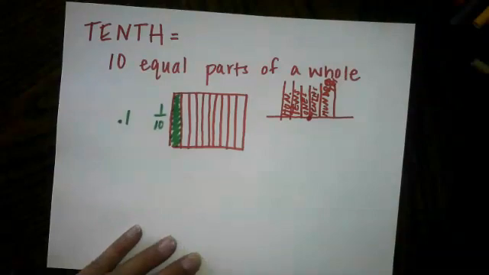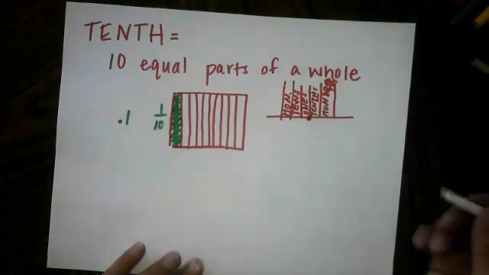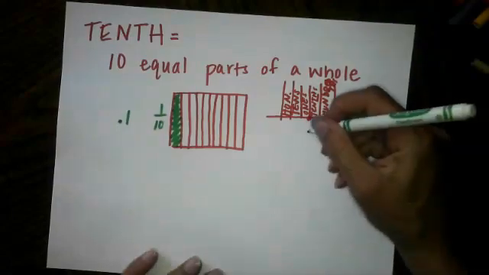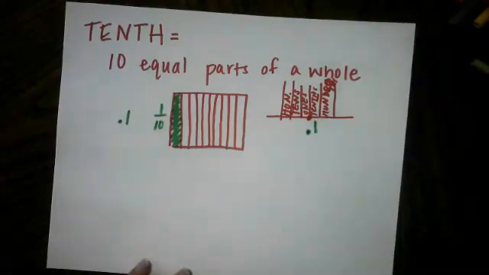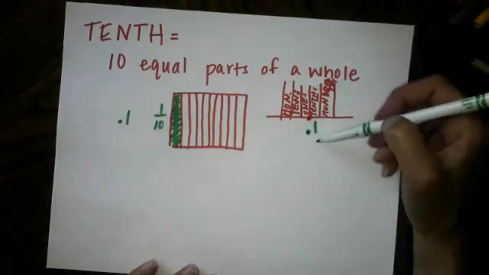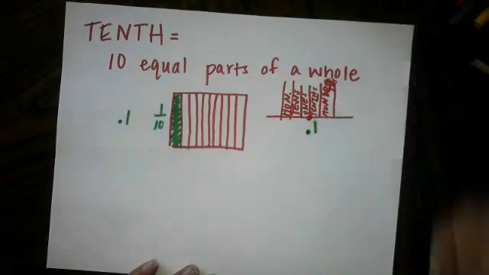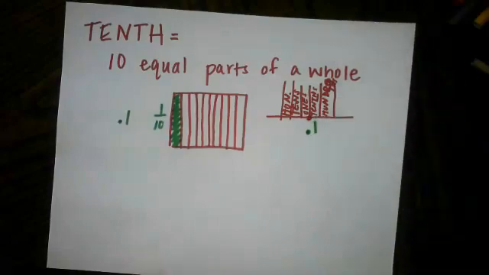And I'm putting my TH on the end. I know that's kind of hard to see. If I were to write that on a place value chart, that would be my 1/10. Notice it's in the tenths column and my dot is before it. Okay? So that is what 1/10 looks like.